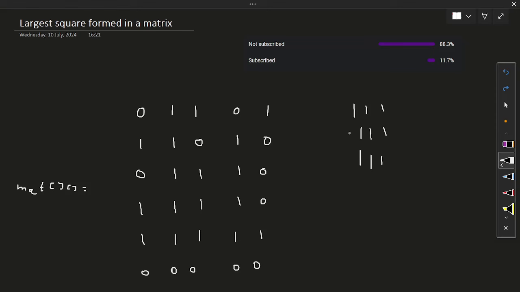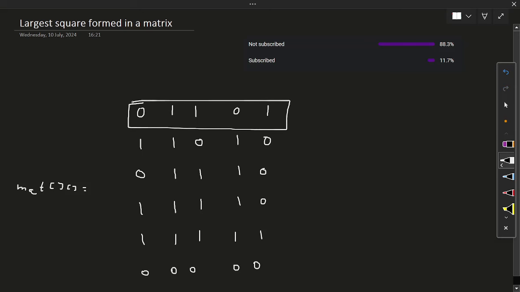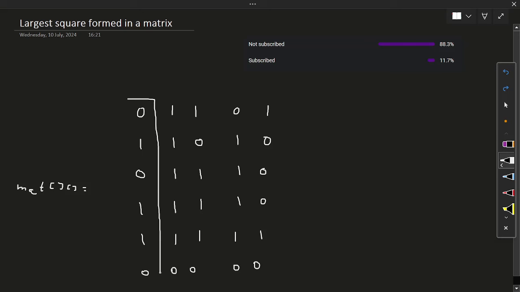So every element around that must be equal. What do I mean by that? If you take only the zeroth row, the maximum square you can make is 1. And if you take only one column, the maximum answer you can make is 1.